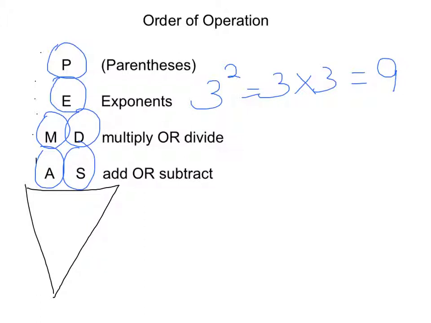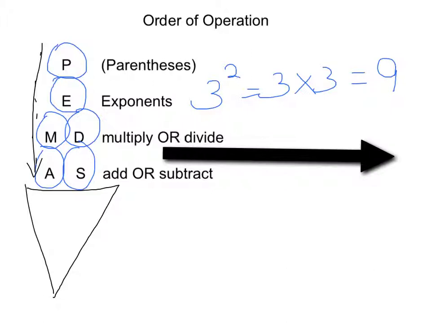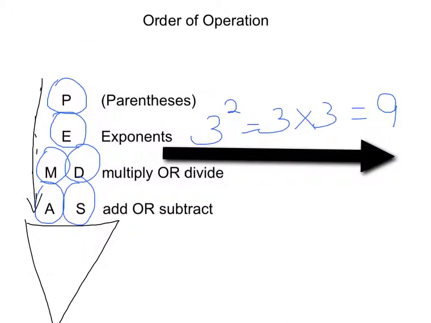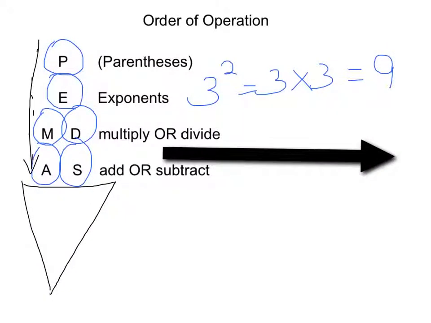So you have to lick all the way around from top to bottom. And don't forget, like I said, it's important when you get down to multiply and divide and add and subtract. It's whatever comes first from left to right.